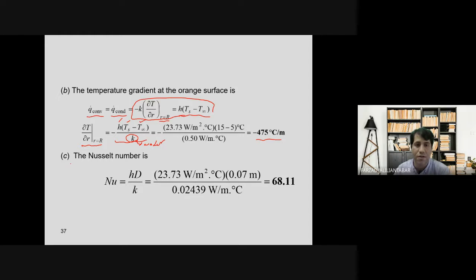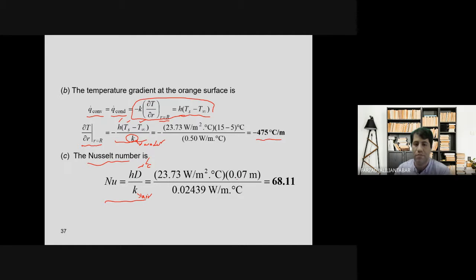In part C of the question, we need to calculate the Nusselt number. Simply, Nusselt number, if you remember, is equal to H times LC, or characteristic length, divided by K. H we have calculated. This K is for air this time.